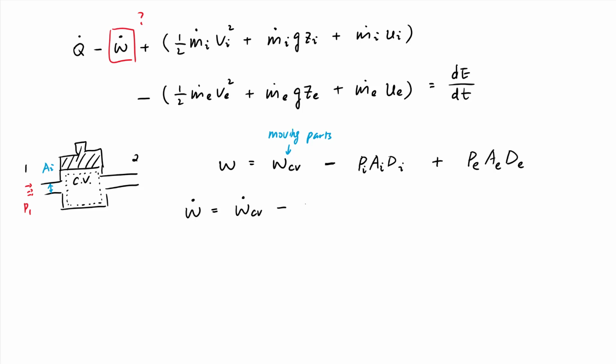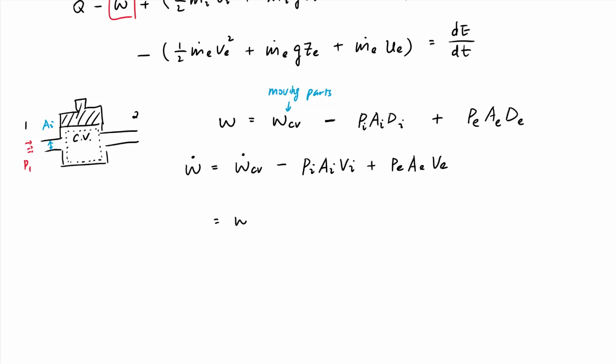And minus P_I A_I. D is distance. What is distance over time? Distance over time is velocity, so we write V_I. Same thing happens to the third term in the right hand side, P_E, A_E, and V_E. V_E is the velocity of the fluid at the exit.